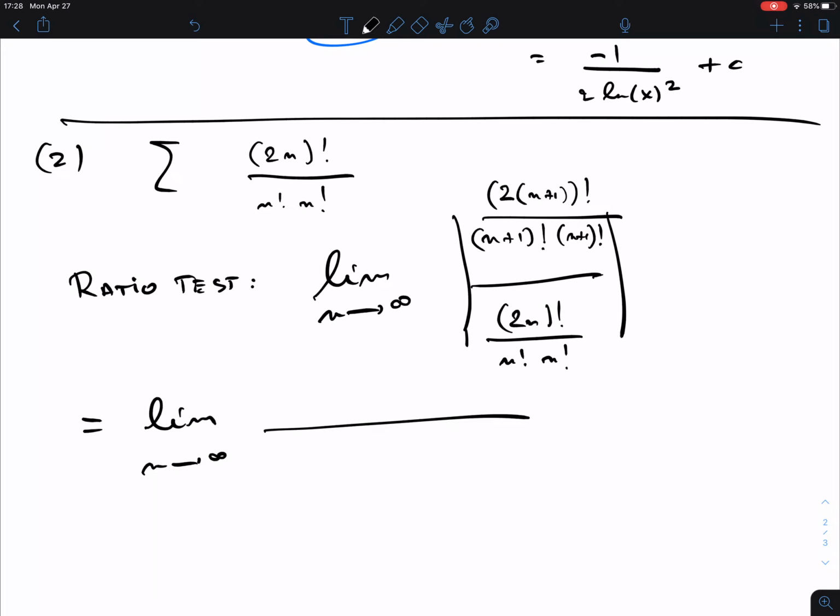As I said, no need for these absolute value signs. This one, let's expand it. It's (2n+2)!. Then we have the (n+1)! and another (n+1)!. And then this (2n)! goes here, and these two guys come up.